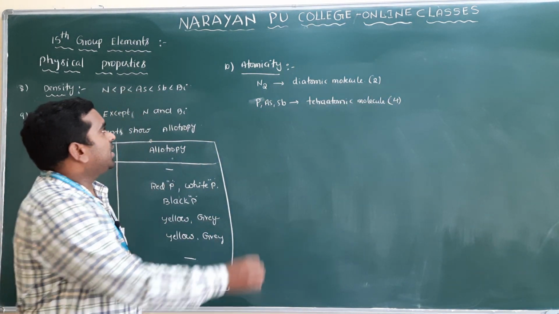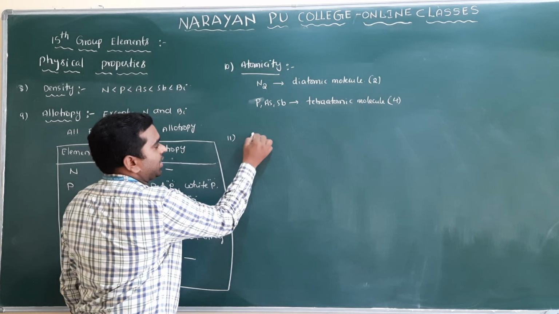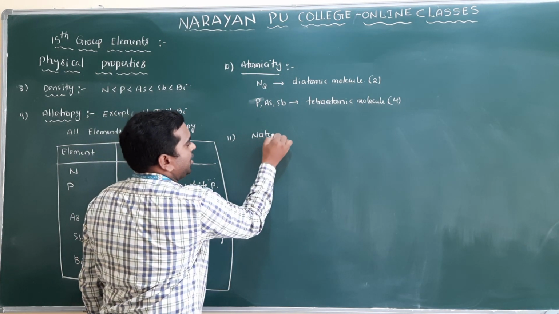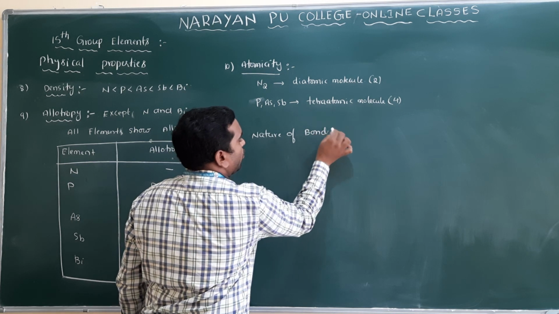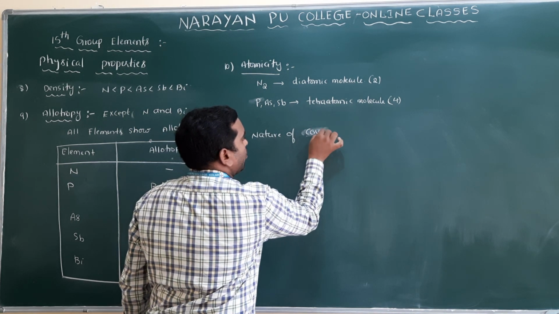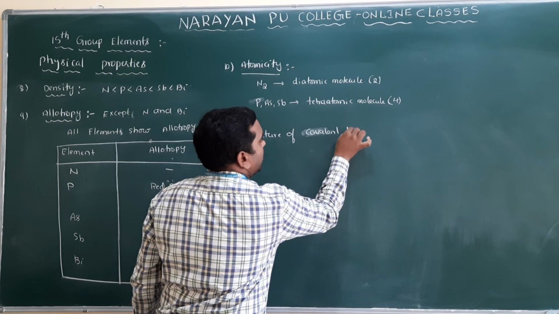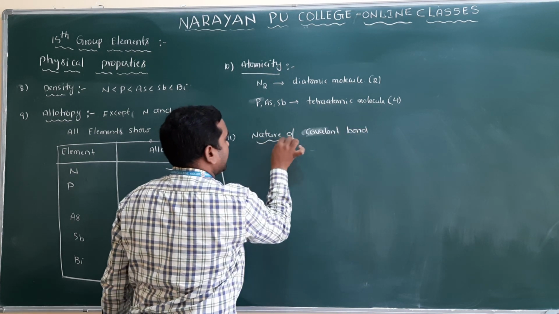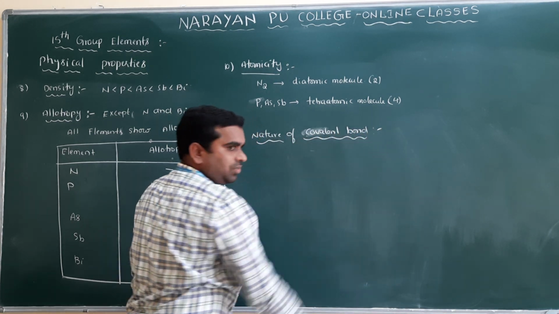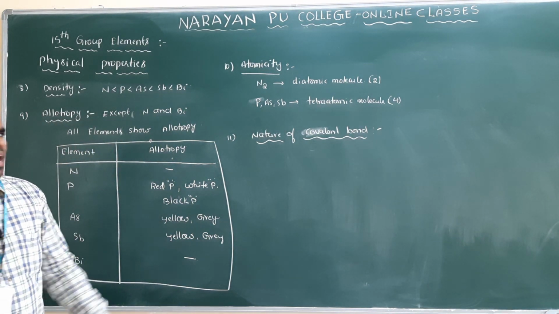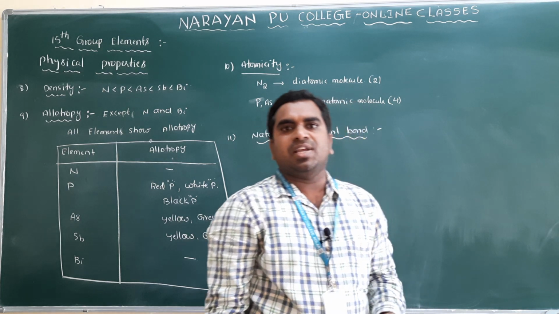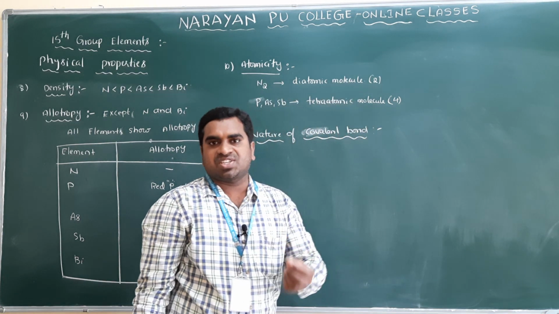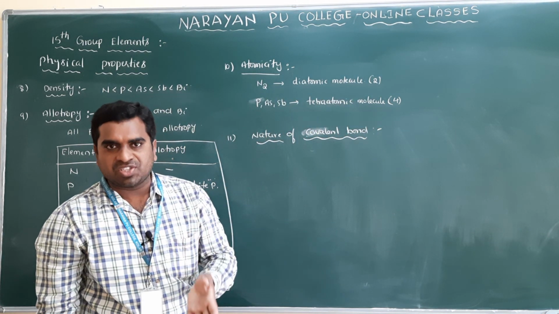And next one is here, nature of bonding. Last property here, nature of covalent bond. Clear? You know that the compounds of 15th group elements in the +5 oxidation state are covalent in nature.